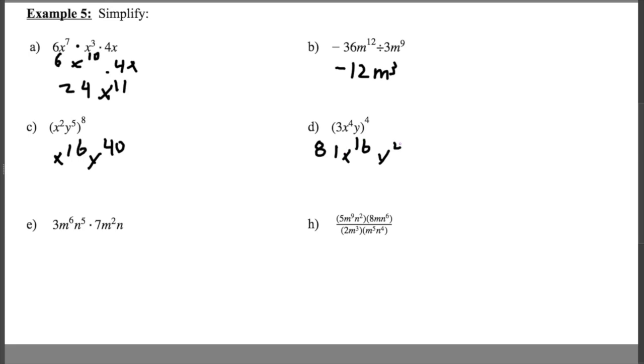Okay, and here we're at 21, 3 times 7, and then m, we're going to add those together, so that's going to be 8, and n 6. Here we're going to multiply the top first, and then multiply the bottom. The numerator and denominators will be separated first, and then we'll put them together afterwards.